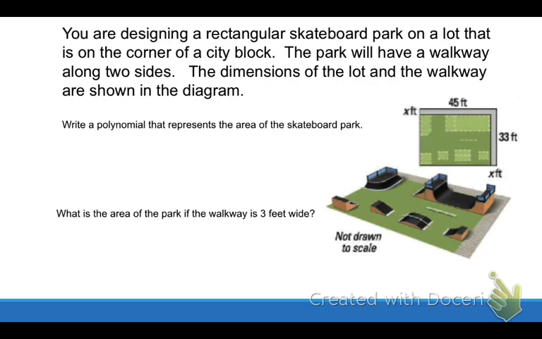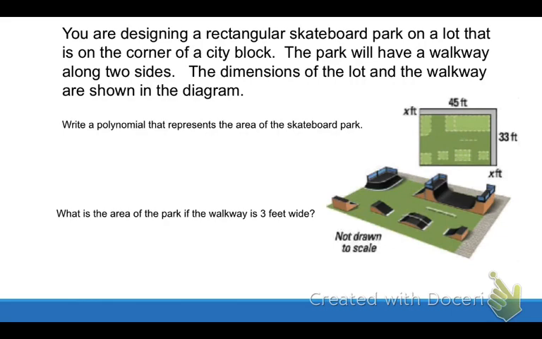Finally, another application problem says you are designing a rectangular skateboard park on a lot that is on the corner of a city block. The park will have a walkway along two sides. The dimensions of the lot and the walkway are shown in the diagram. Write a polynomial that represents the area of the skateboard park.